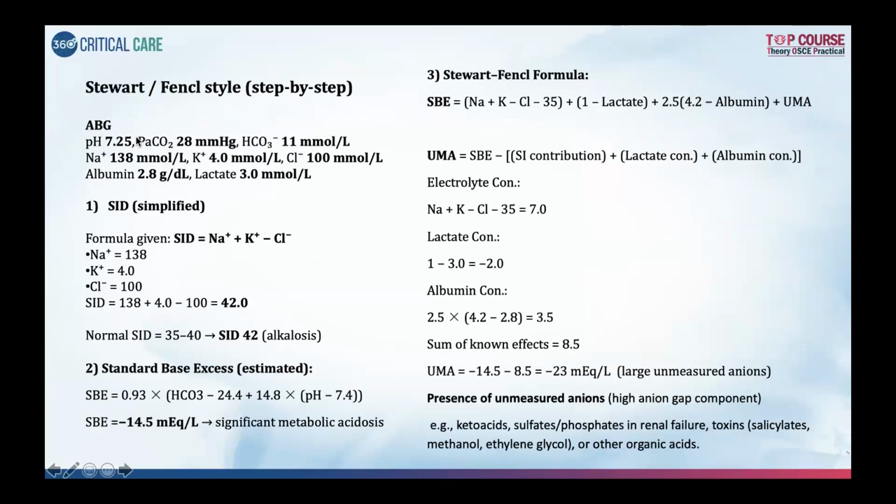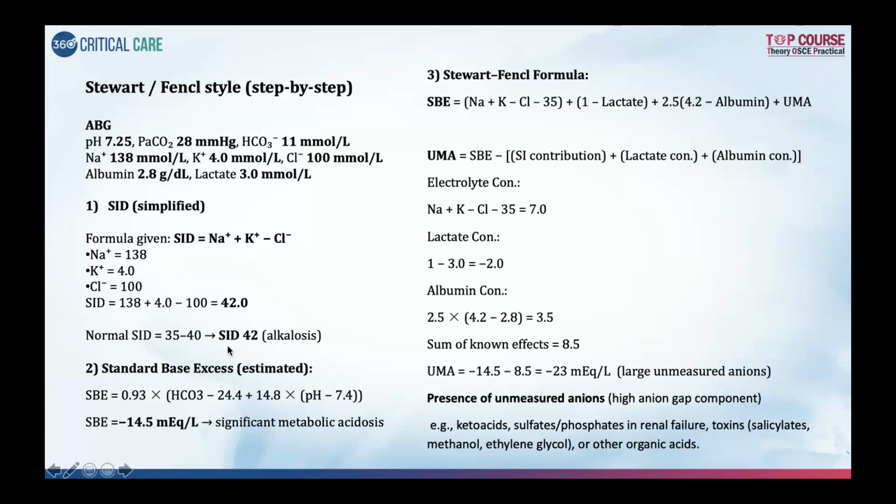So this patient has a pH of 7.25, PCO2 of 28, bicarb of 11, and these are the electrolytes, albumin and lactate. You calculate the strong ion difference. It is 42, which is more than 40. That means alkalosis. If it's less than 35 to 40, it is acidosis.